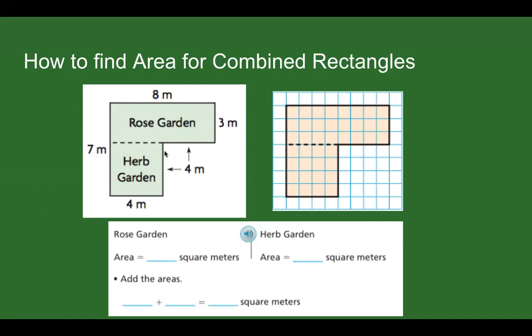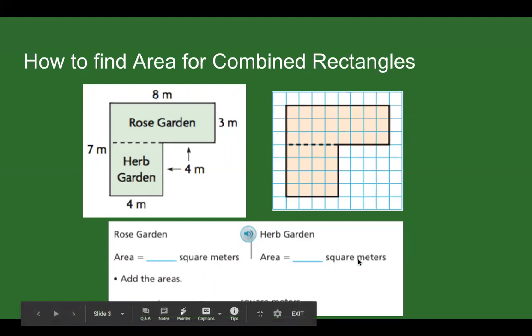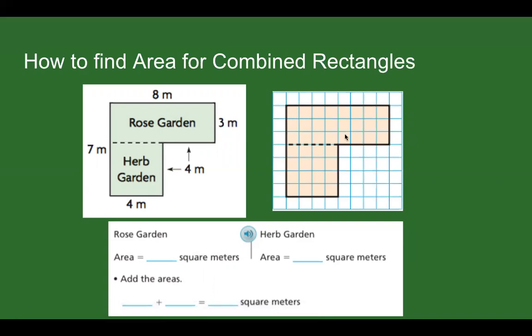I also want to show you a visual of what my garden would look like using grid paper, because in the previous lesson we talked about how area is measured in units squared. One thing I forgot to add on the exit slip last time, which I'll probably do this time, is that when you label area, it should be square meters or square inches or whatever the unit is, because area is measured by the units in the squares that take up that area.